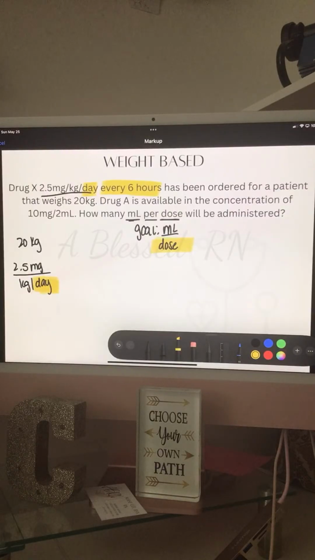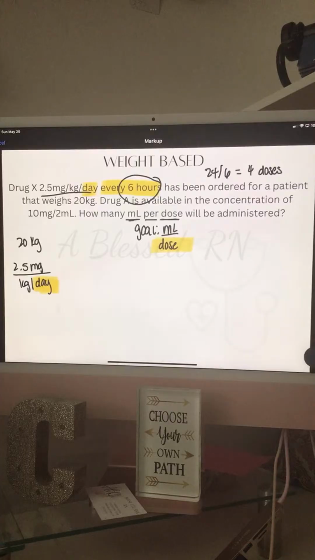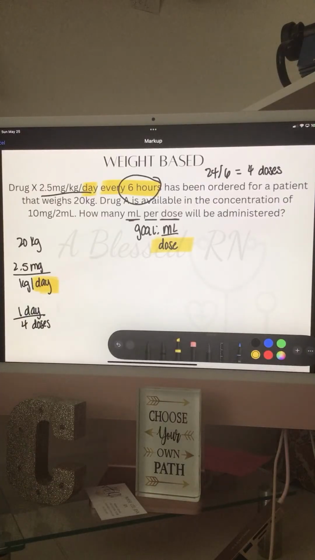Do you understand where I'm going so far? So if we have 24 hours in a day and we're to give a dose every 6 hours, that means there are going to be 4 doses in the day. So one day has 4 doses. So now I have a puzzle piece that will cancel out my day and give me dose at the bottom.